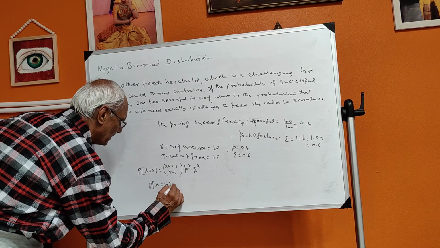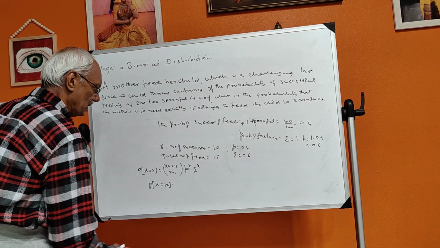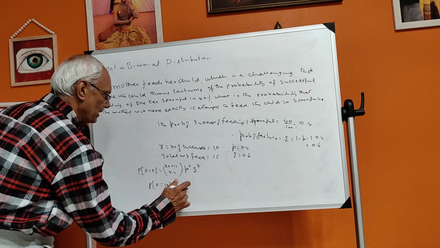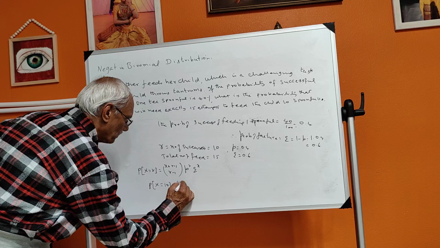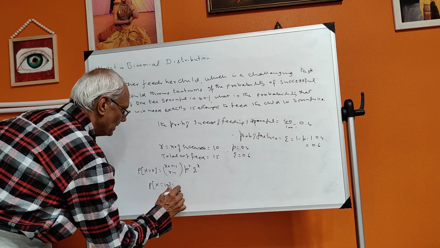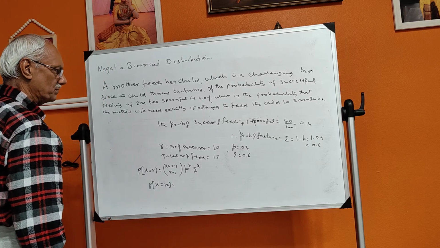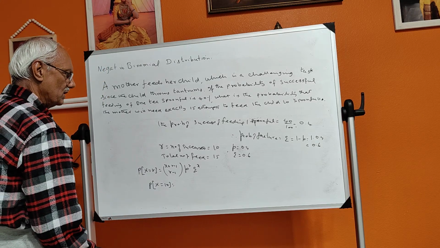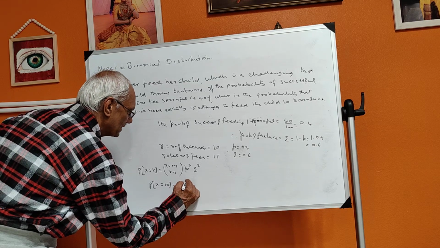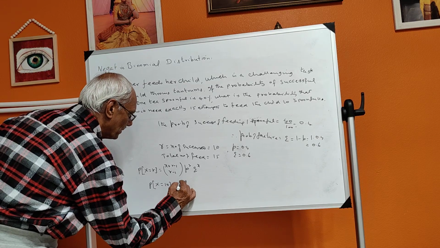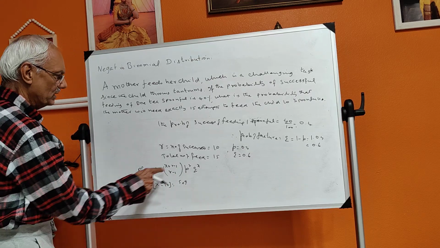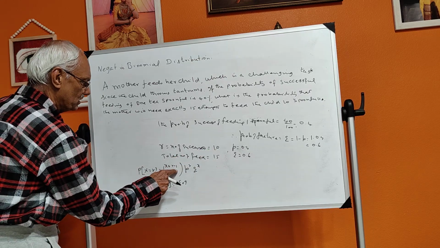P of x is equal to 10 is equal to, see, there are 15 in total. So it is 10 plus x, where x plus r is 15. Here r minus 1: r is equal to 10, therefore r minus 1 is equal to 9.